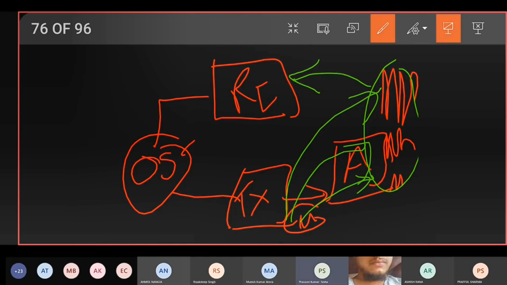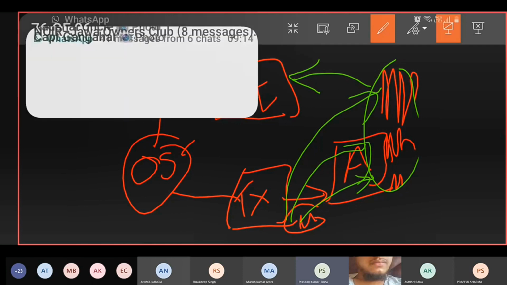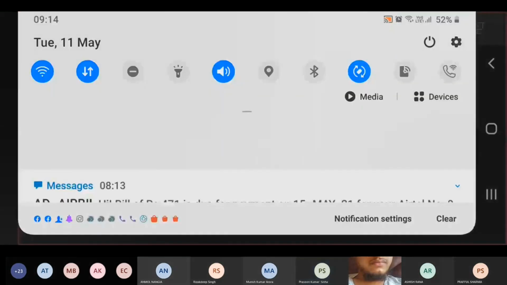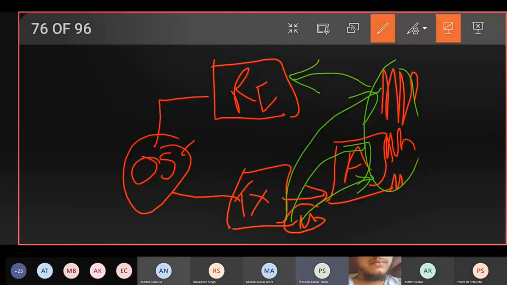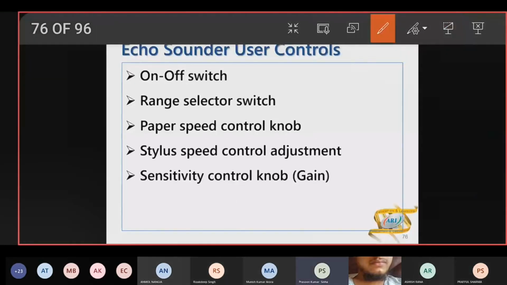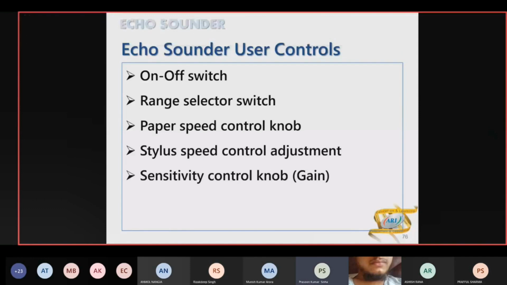Gain should be reduced accordingly. It should be adjusted so that you are getting the right kind of desirable picture, not too light, not too dark, but just in the middle. So that is sensitivity or gain control.